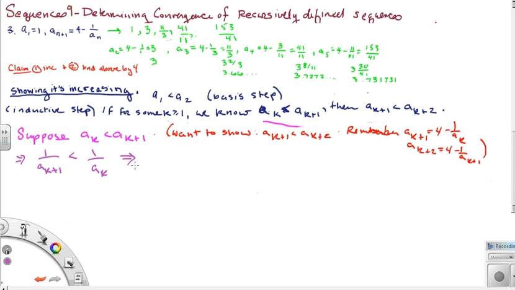So this is going to imply that negative 1 over ak is less than negative 1 over a(k+1). When you negate things, you flip the inequality. And now if I add 4 to both sides of that inequality, I keep the inequality. So 4 minus 1 over ak is less than 4 minus 1 over a(k+1). And, well, of course, that's going to imply that a(k+1) is less than a(k+2).